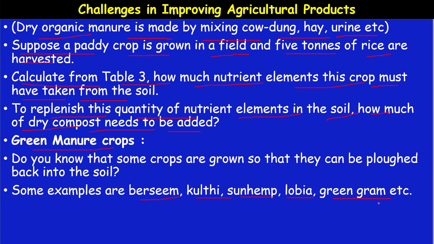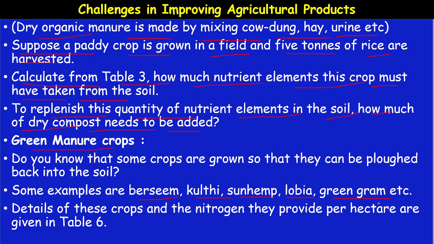So it not only maintains the soil form, but also increases its nitrogen and phosphorus content, which in turn increases the crop yield. For example, green manures such as sun hemp and gourd can be used. The details of these crops and the nitrogen they provide are given in this table.